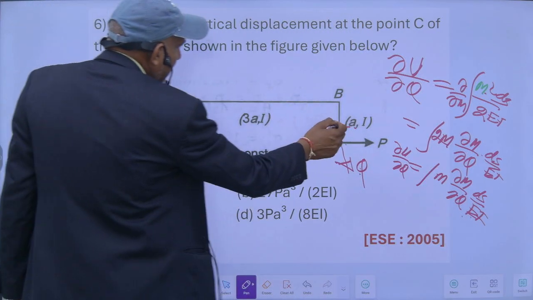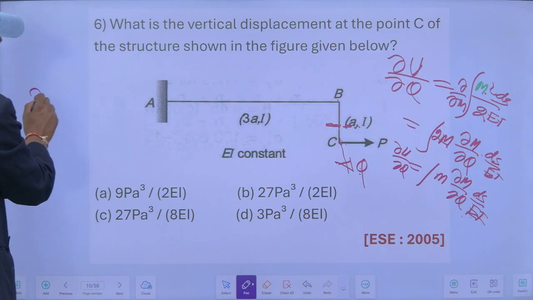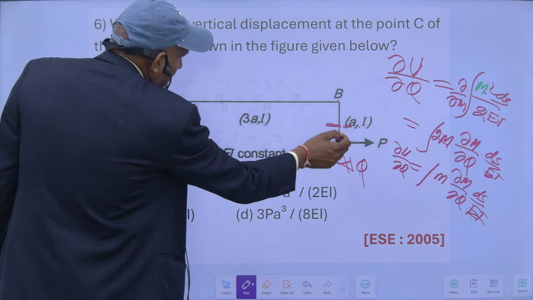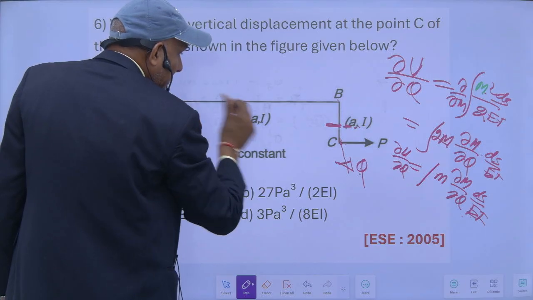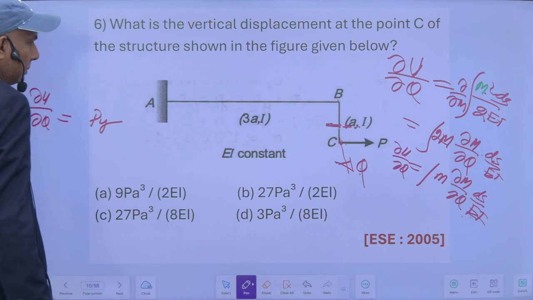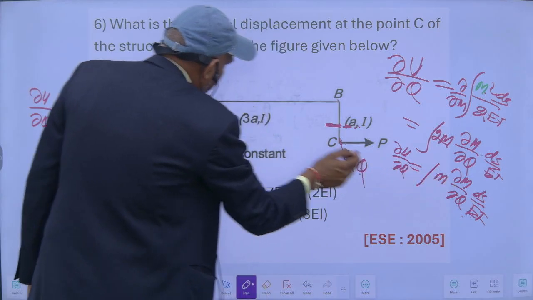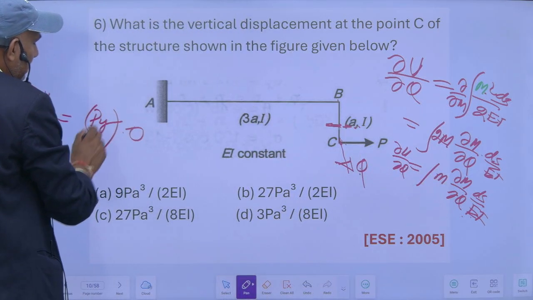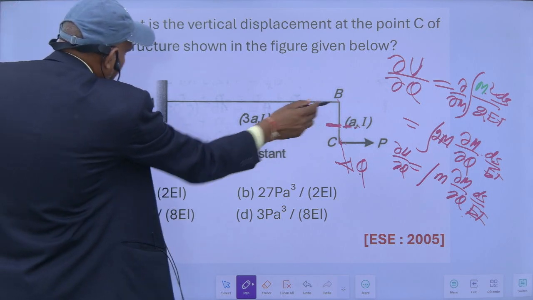If I take this portion, delta U upon delta Q is equal to, for this portion, the value of M will be P into y, and the partial derivative of this with respect to Q will be 0, into ds upon EI, from 0 to a.